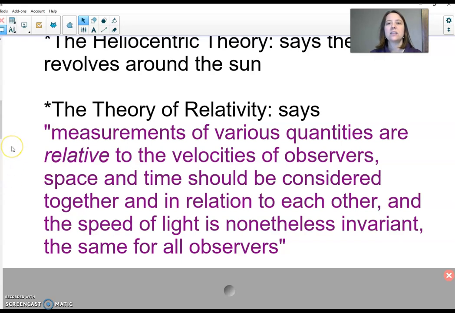So the theory of relativity is that light is a constant in the entire universe, and that space-time is relative. That's something that is kind of crazy for our brains to understand, that time is relative and space is relative. You can put these two things together, they make up the fabric of the universe, of the cosmos, and we call them space-time.